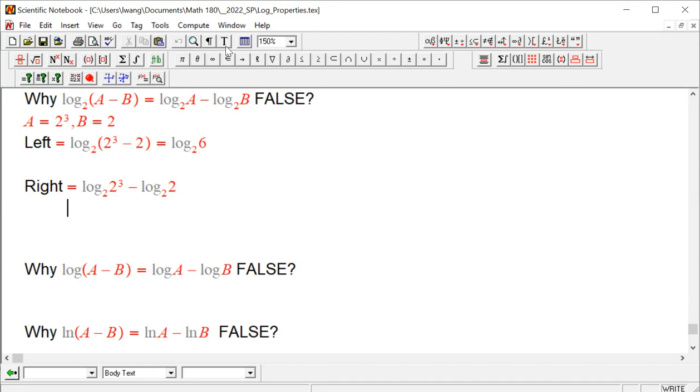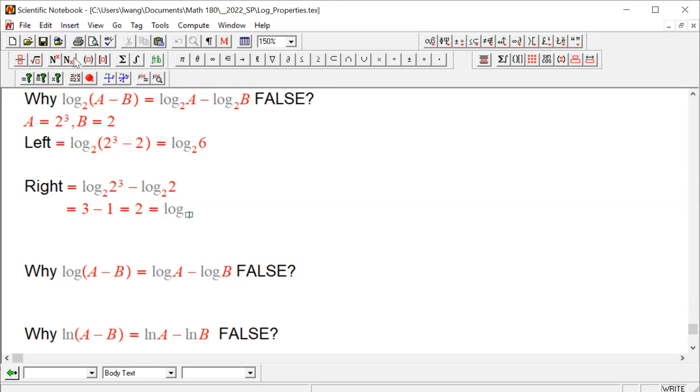That equals log base 2 of 2 to the power 3, that's 3, minus 1, and in the end we get 2. So 2 equals log base 2 of 4.